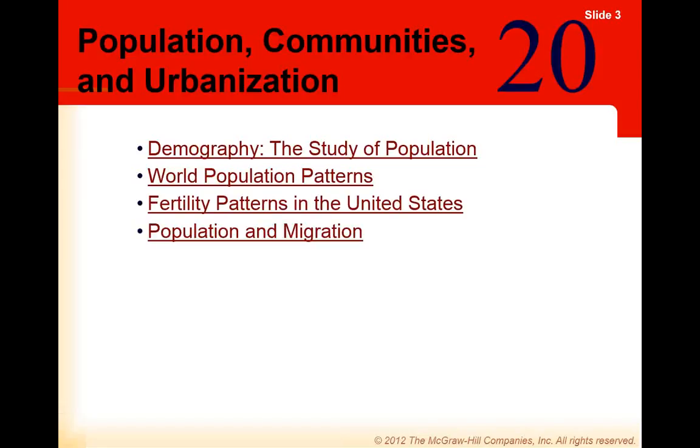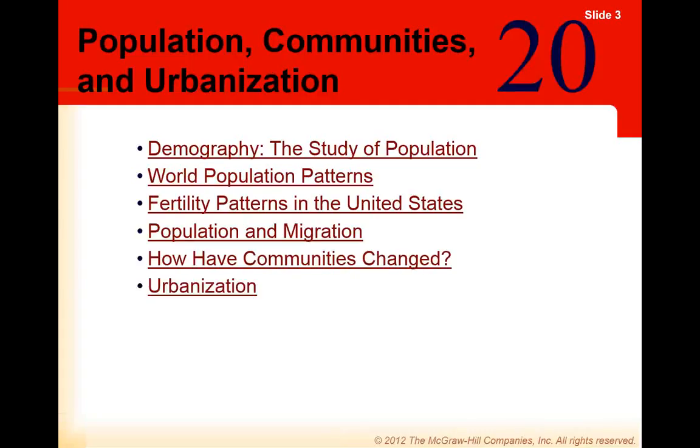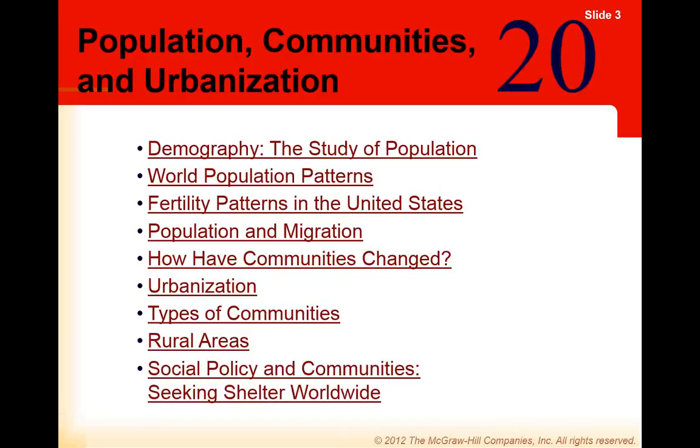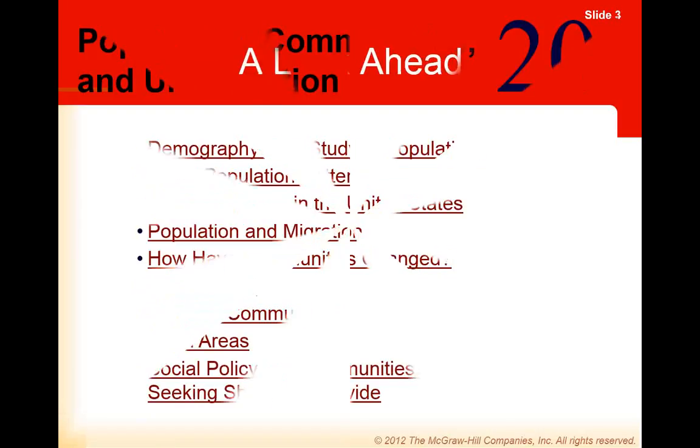We'll look at population and migration, how communities changed during the Industrial Revolution, urbanization as a phenomenon, different types of communities, rural areas and how the population has been affected there, and finally social policy and communities, examining the phenomenon of shelters worldwide.